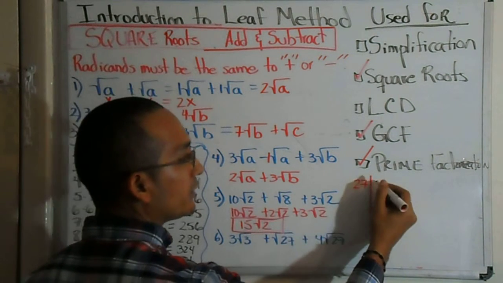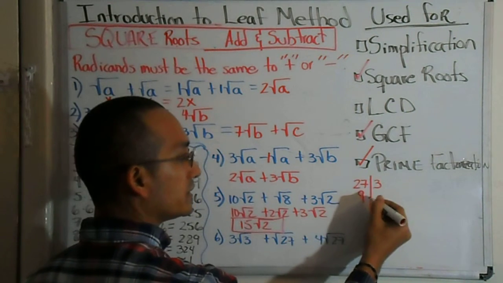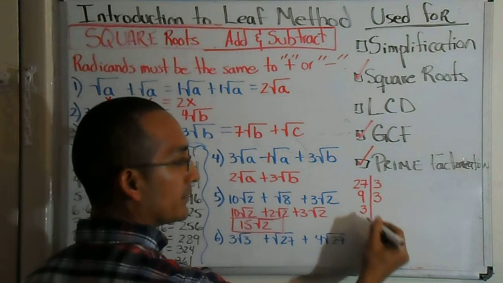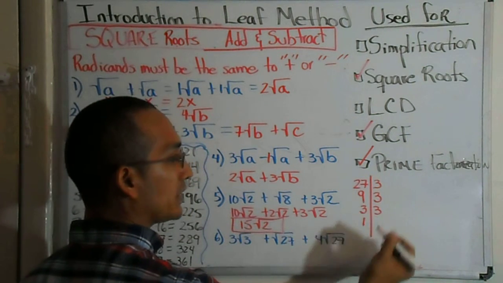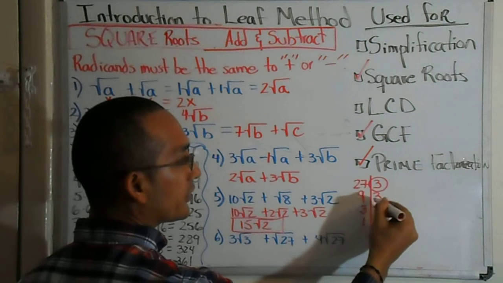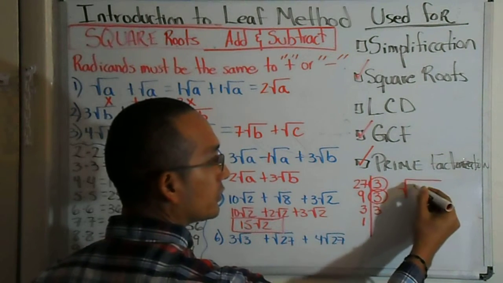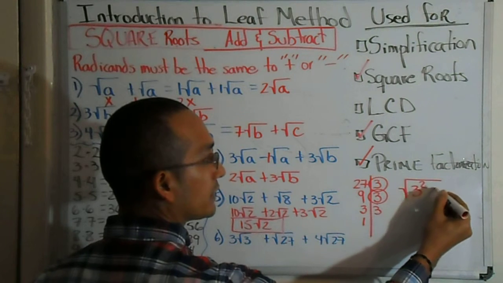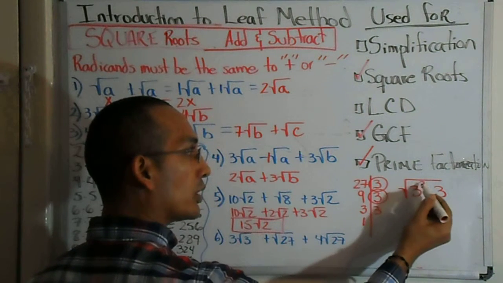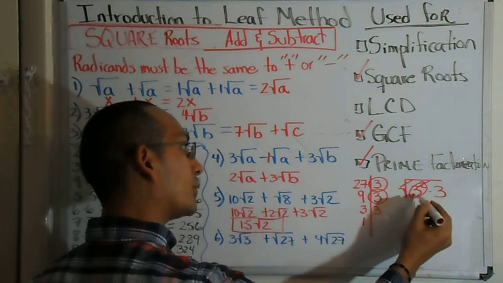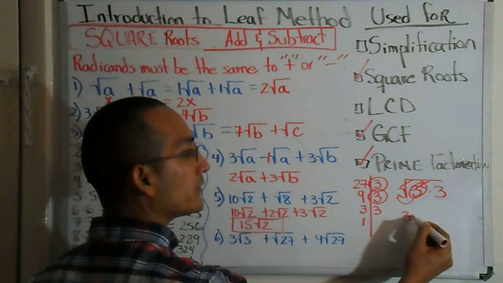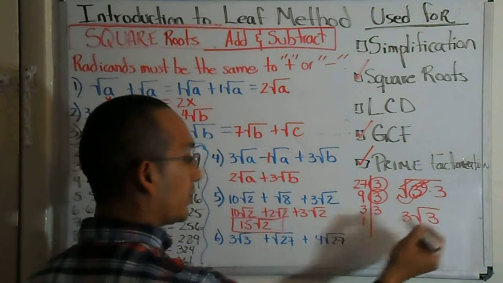So 27 is divisible by 3, 9 times. 9 is divisible by 3, 3 times. And 3 is divisible by 3, 1 time. Notice that the 3 and the 3 are a pair, and therefore this becomes the square root of 3 squared times 3. The square and square root cancel, the 3 goes outside, and this becomes 3 square root of 3.